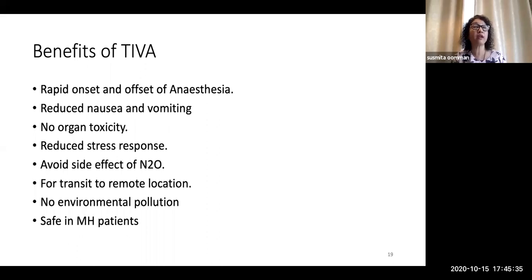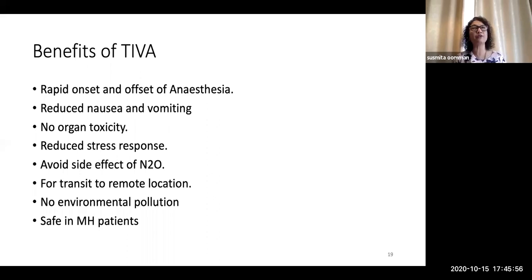And also if you are in a battlefield and you have to transfer patients, once again, you'll put the patient on these infusion pumps, which you can take along with your patient. And most importantly, no environmental pollution at all. And it is safe in patients with malignant hyperthermia.